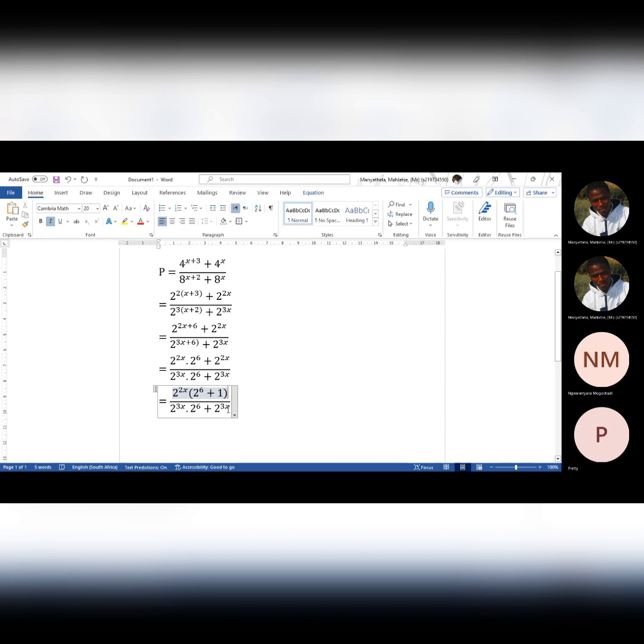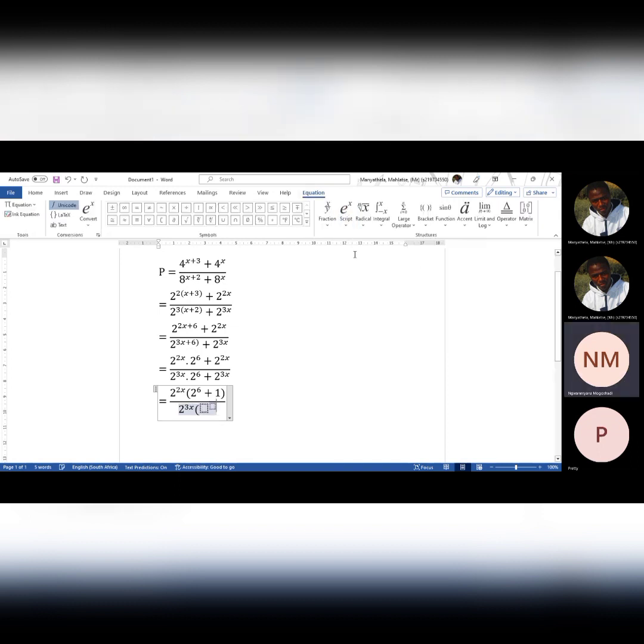Below we are going to do the same: we take 2 to the exponent 3x as a common factor, remaining with 2 to the exponent 6 plus 1.